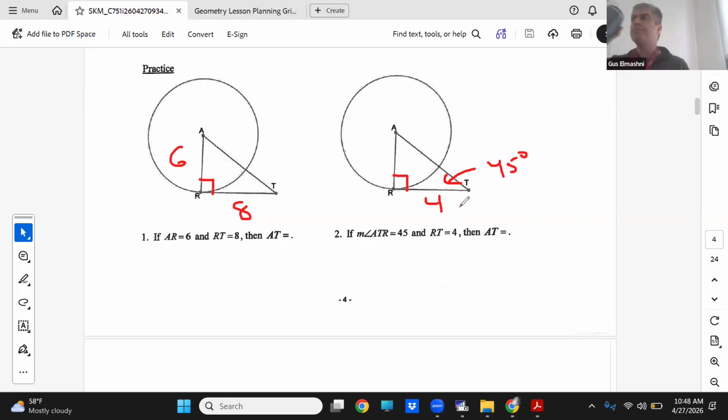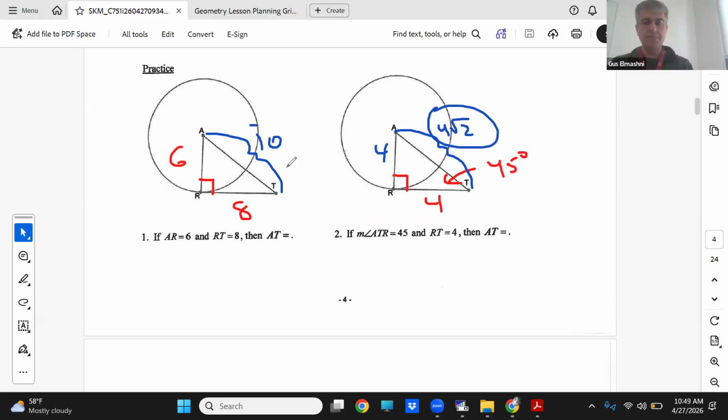Let's work that out. Would you agree? 10 and 4 root 2? Yep. Okay, easy.